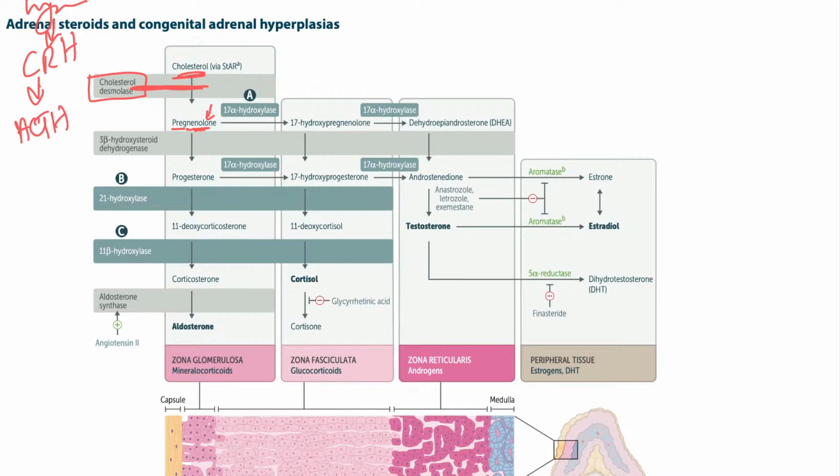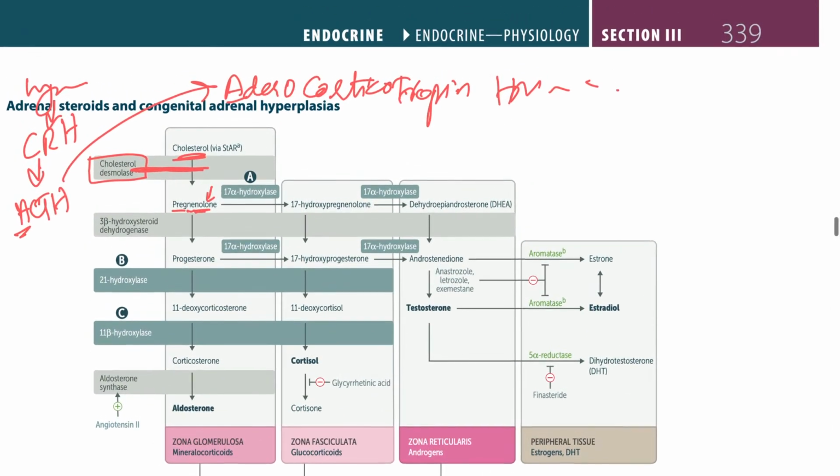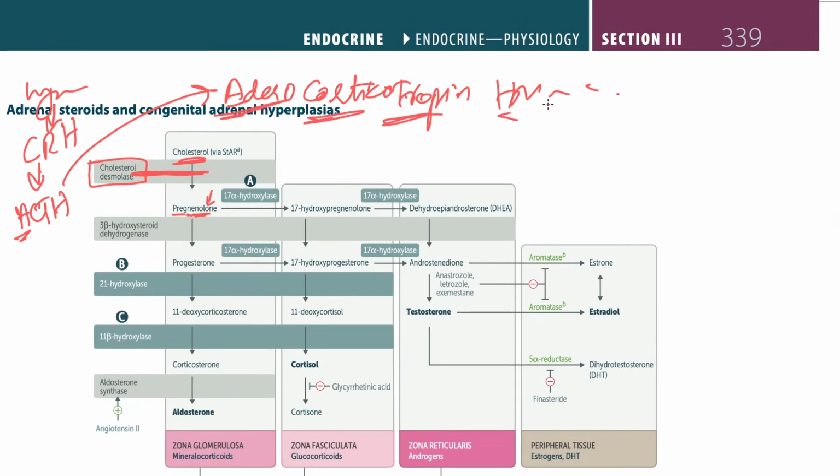Now, high yield, sometimes they don't mention ACTH, they mention the proper full name: adrenocorticotropic hormone, ACTH.